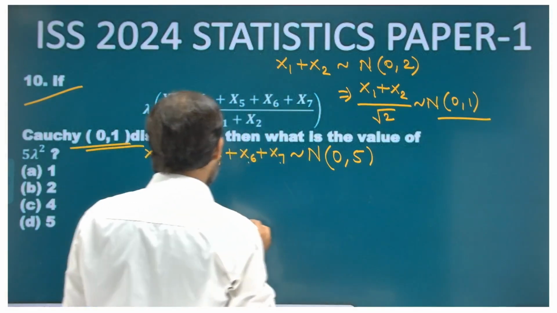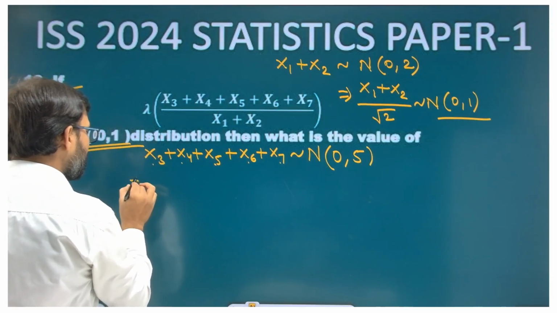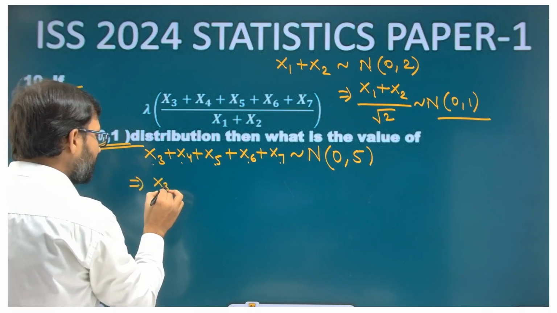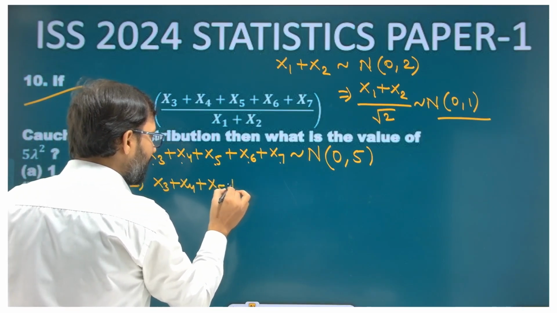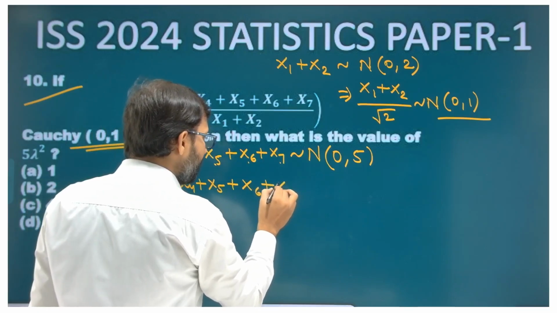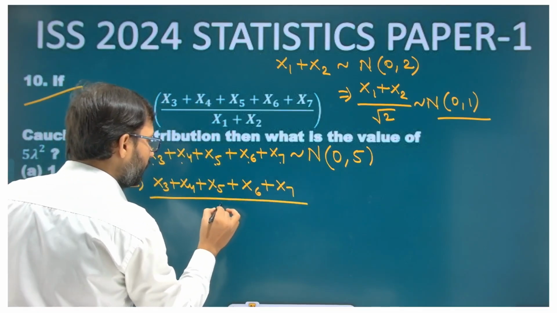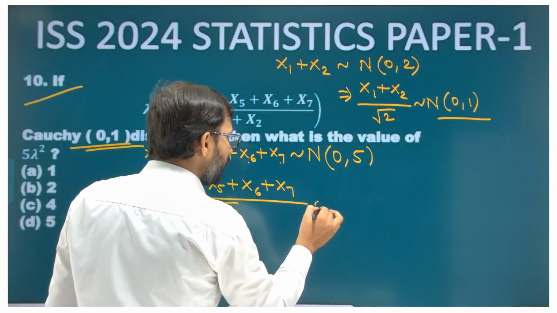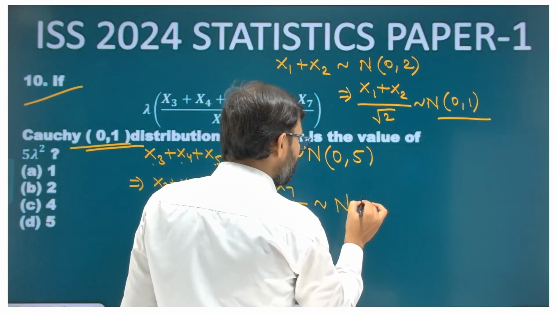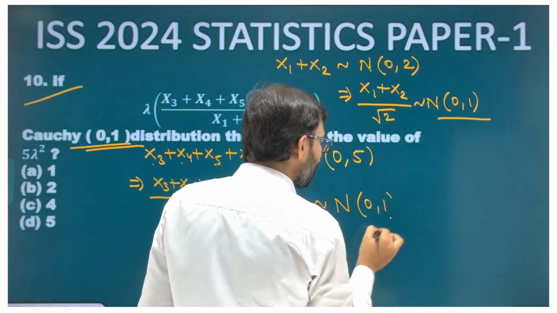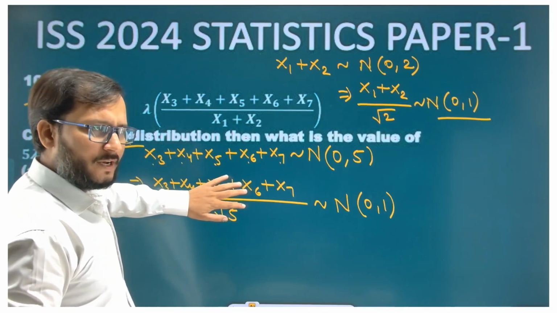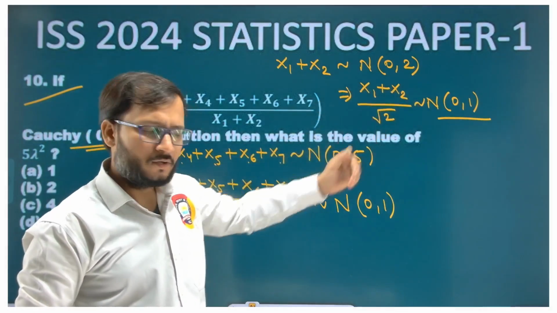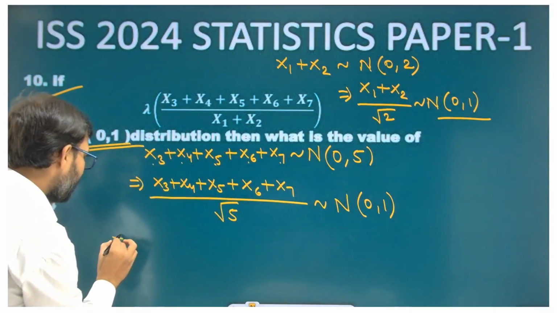And so this implies that x3 plus x4 plus x5 plus x6 plus x7 upon root 5 will follow normal 0, 1. So at this place, let me write one in the numerator and one in the denominator.